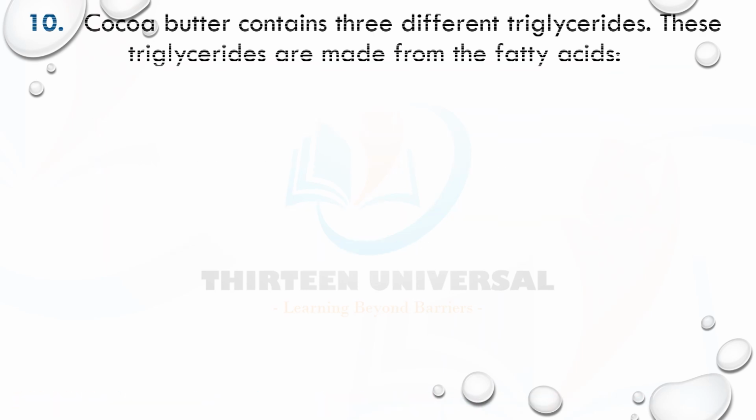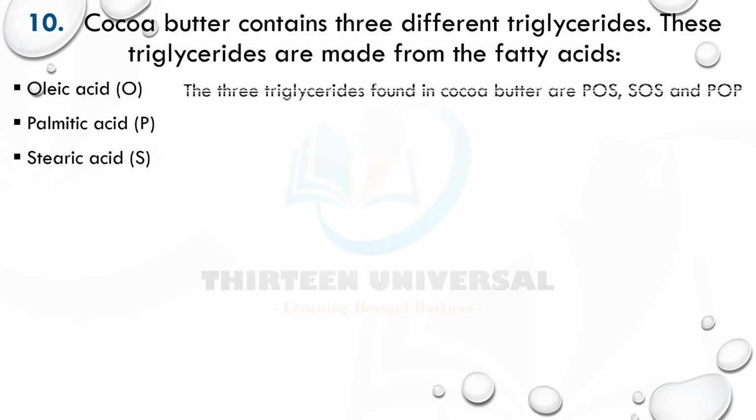Okay. The last question for today: cocoa butter contains 3 different triglycerides. These triglycerides are made from the fatty acids you can see: oleic acid, palmitic acid, stearic acid. So the three triglycerides found in cocoa butter are POS, SOS, POP.